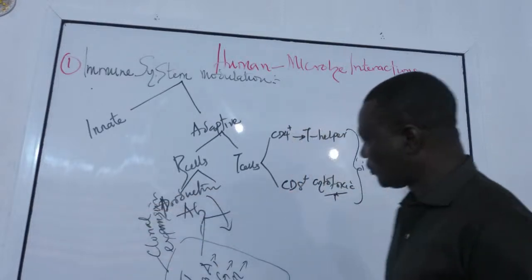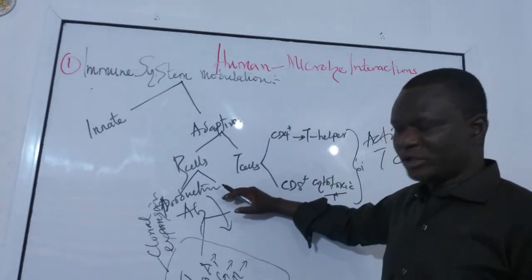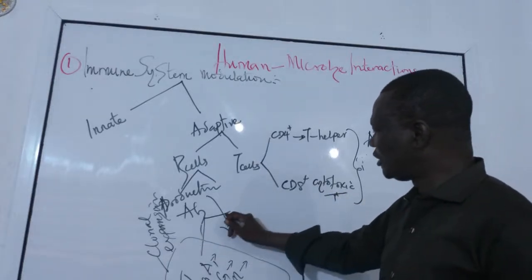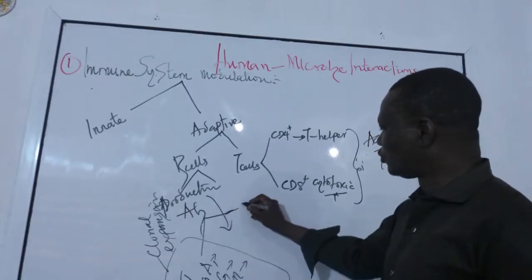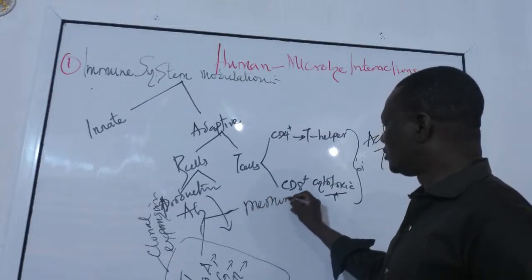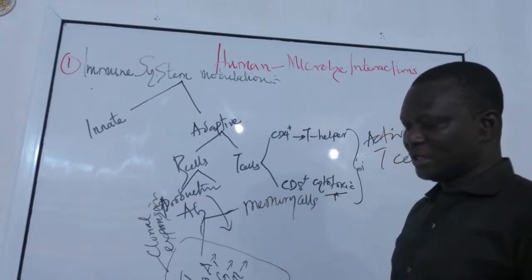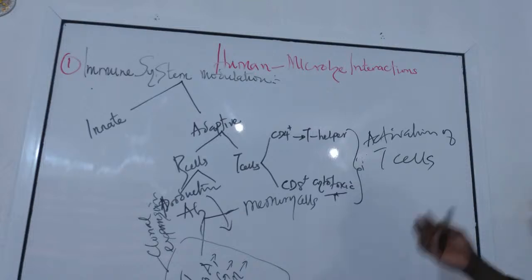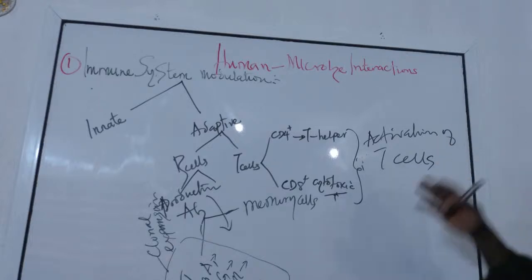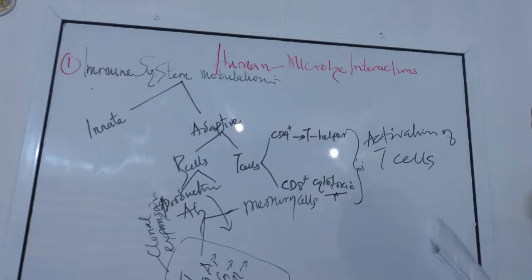Then the second thing produced for antibody production is that some of these cells will be used to produce what are called memory cells, so that the cell will be able to store in its memory all the information that has to do with the pathogen or the antigen that is being responded to.